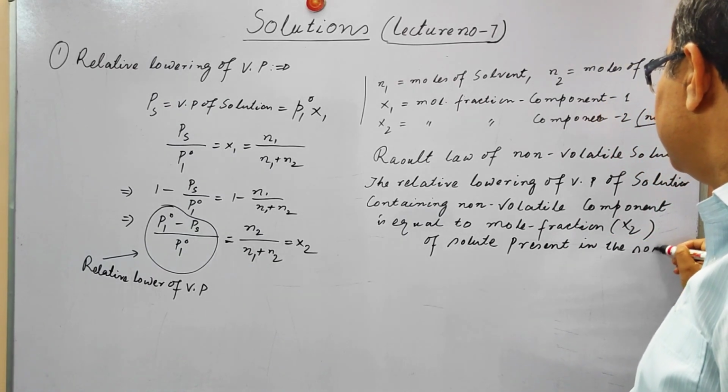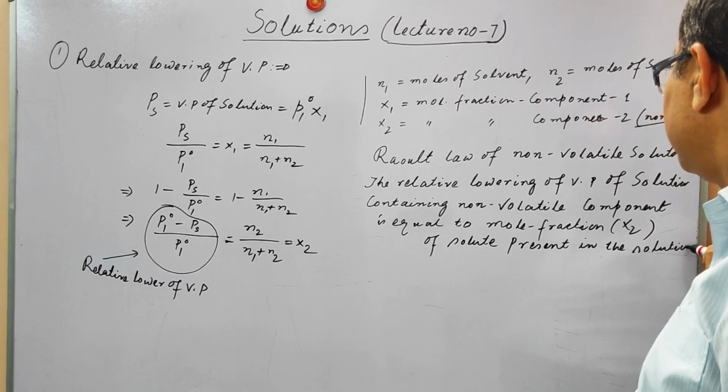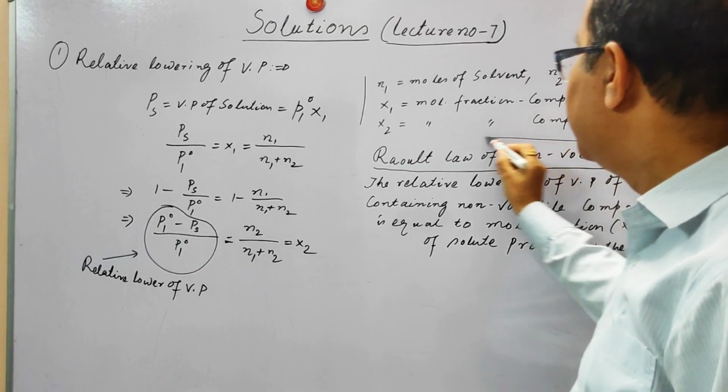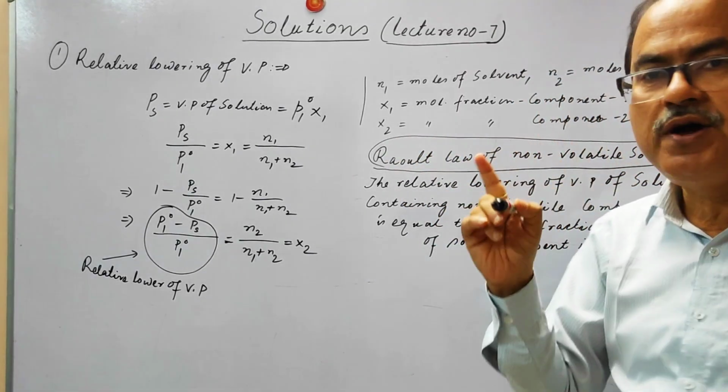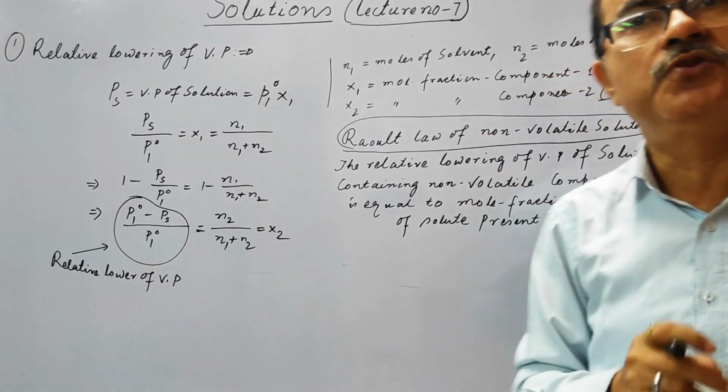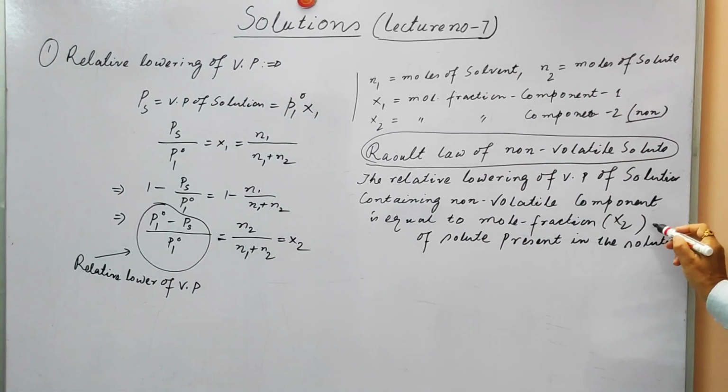That is Raoult's law for non-volatile solute. It says the relative lowering of the vapor pressure is equal to the mole fraction of the solute present in the solution.